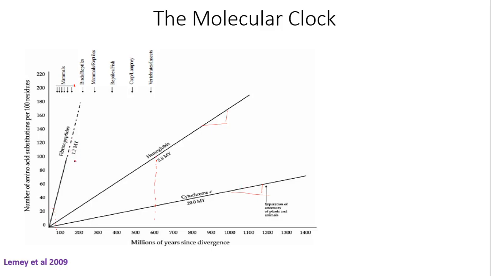Now, based on these observations, Zuckerkandl and Pauling proposed that the rate of evolution for any given protein is constant over time. That is what they concluded.